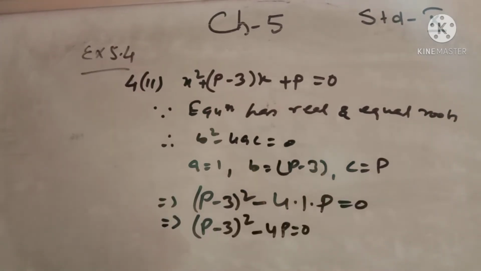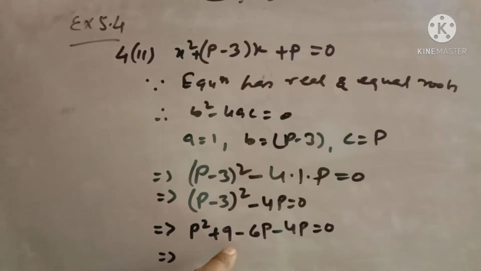So it will come p minus 3 whole square minus 4p. Now p minus 3 I can break into a minus b whole square. So it will come a square plus b square minus 2ab and minus 4p equal to 0. So I can write p square minus 10p plus 9 equal to 0.